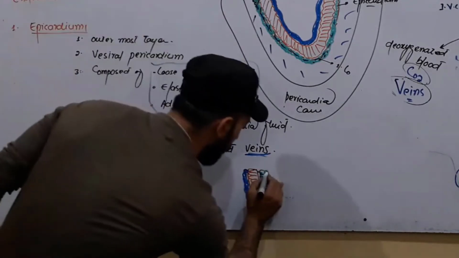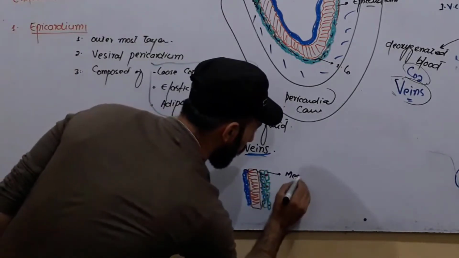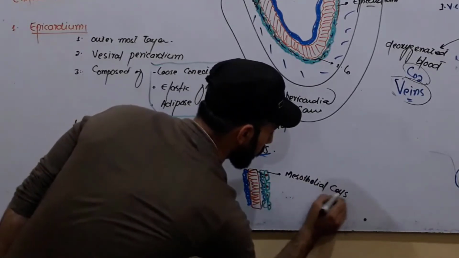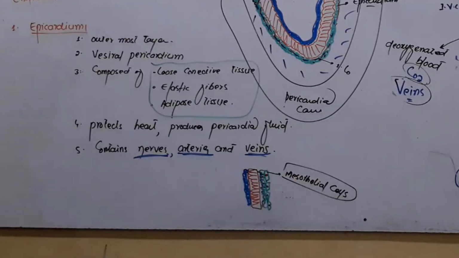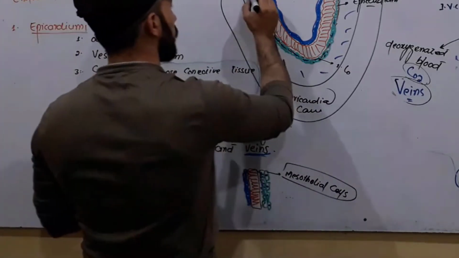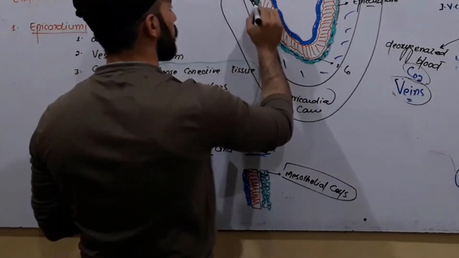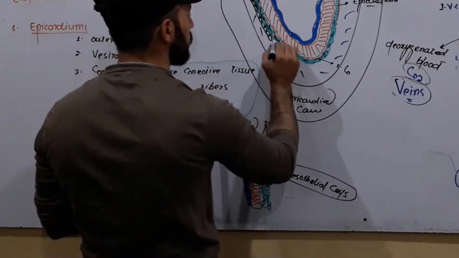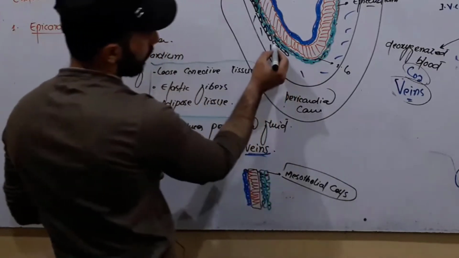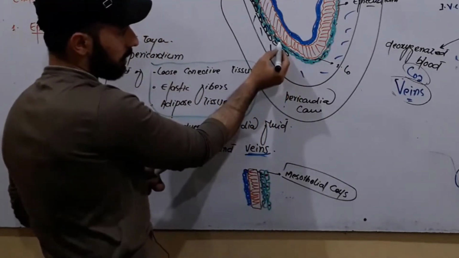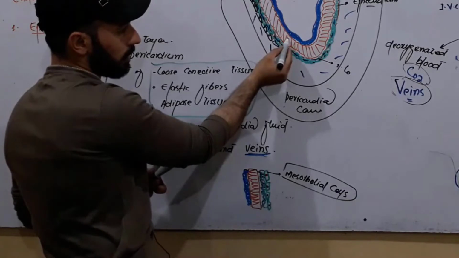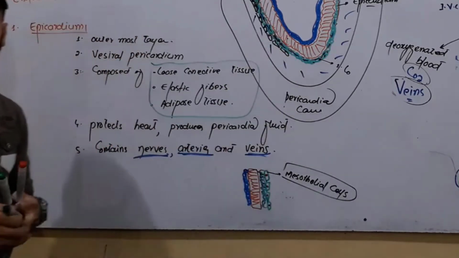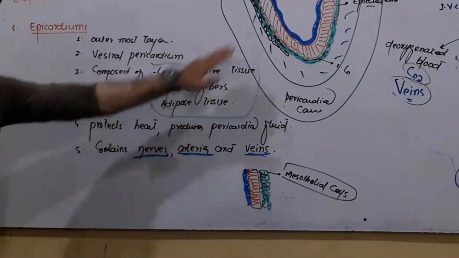These are called mesothelial cells, the outer cells. In between the mesothelial layer and the myocardium, there are elastic fibers, loose connective tissue and adipose tissue.